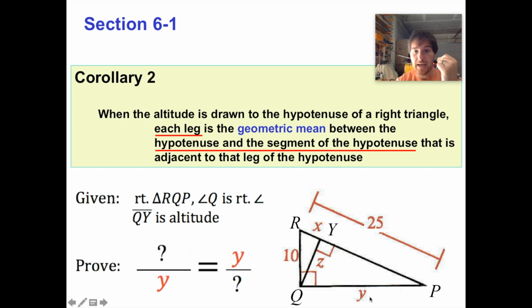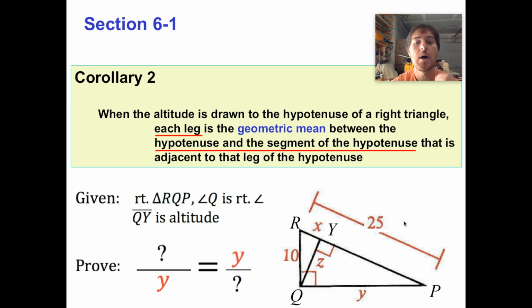Well, Y, the hard thing here is to keep track of everything you need to set up these ratios accurately. Y is the geometric mean between the part that's adjacent to it on the original hypotenuse and the whole original hypotenuse of the triangle that we drew the altitude to. Very confusing, but I think I said it right.